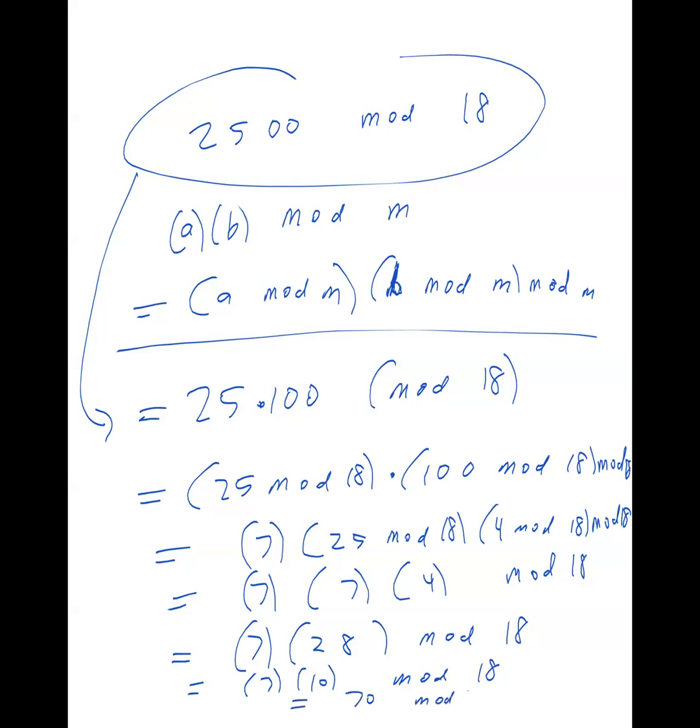What's the remainder of 70 after you divide by 18? Let me think. 18 times 2 is 36. 18 times 3 is 54. What's the remainder after you take 70 minus 54? What's 70 take away 54? I believe it'd be 16. So that's cool.